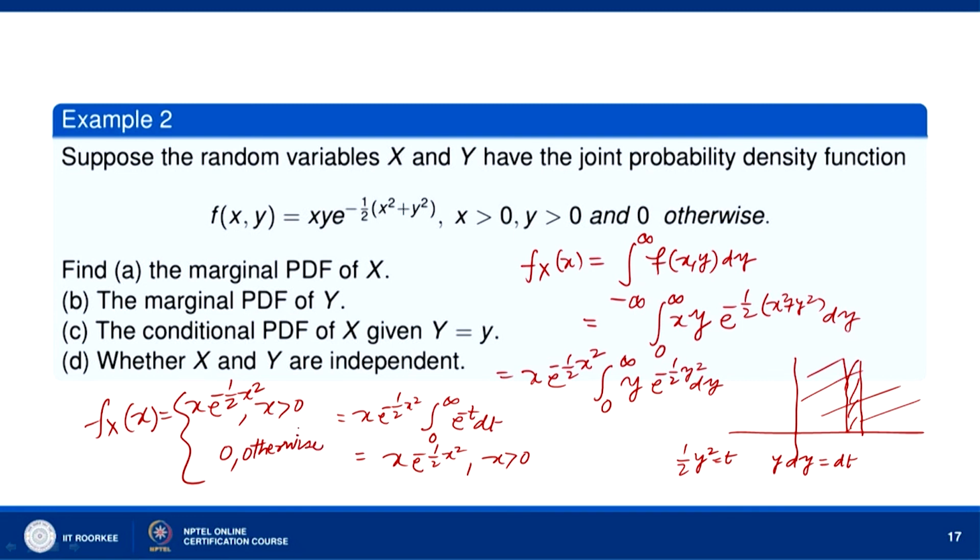Okay. Then the marginal density function of y we can find similarly. So, f_Y(y) equal to integral over minus infinity to infinity of f(x,y).